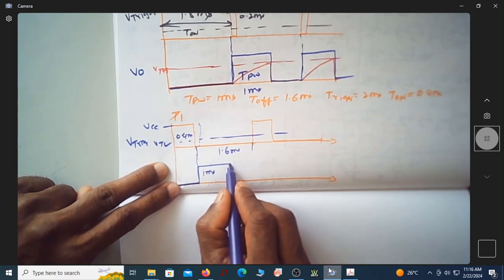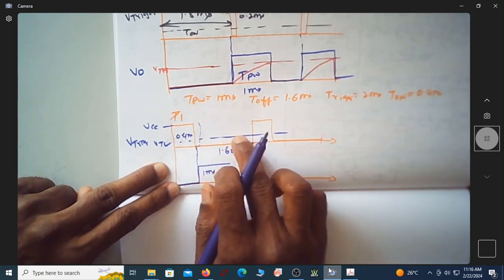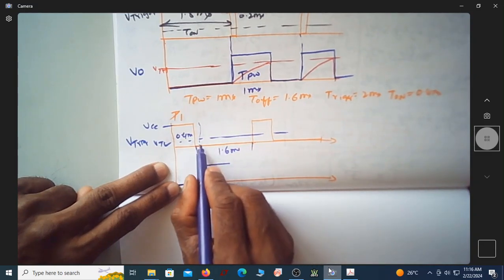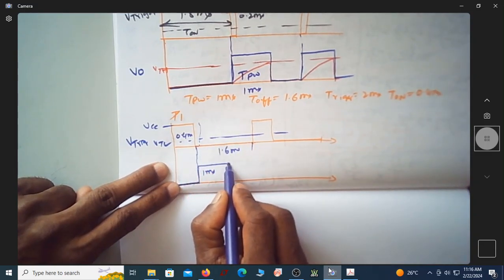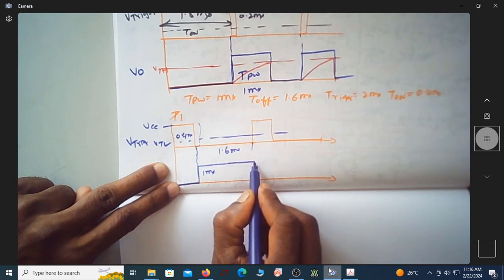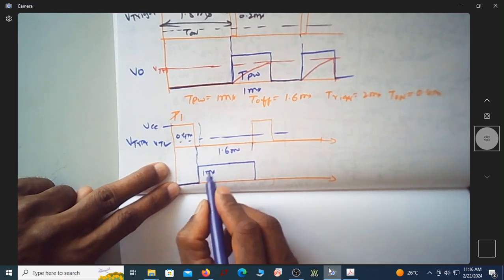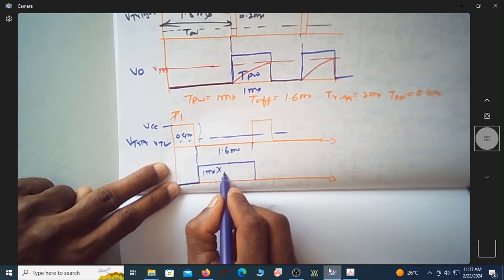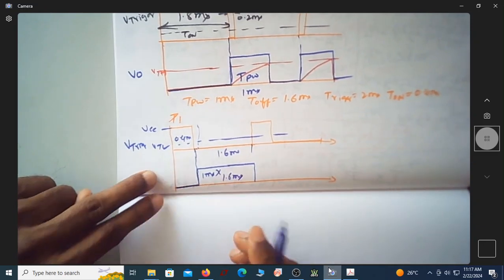Now this is not coming down here because this trigger signal is still 0. So output extends till this point, and it is no more 1 millisecond, it's actually 1.6 millisecond.